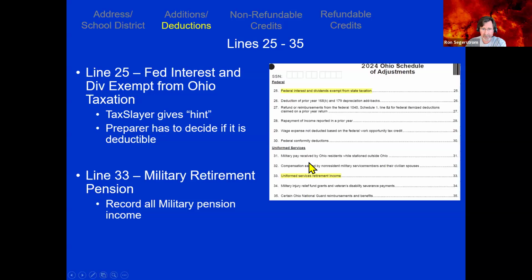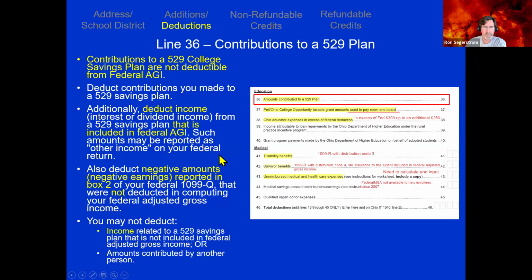And there's other components of military that Ohioans get a reduction of, or if they're stationed here and their spouse gets a job, their spouse income is not taxable in Ohio as well.